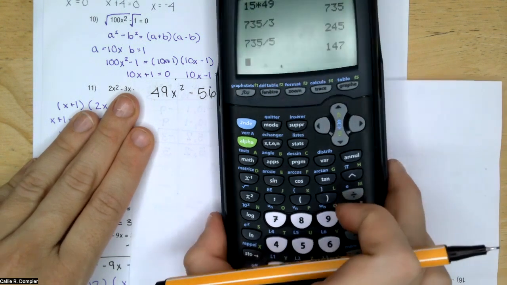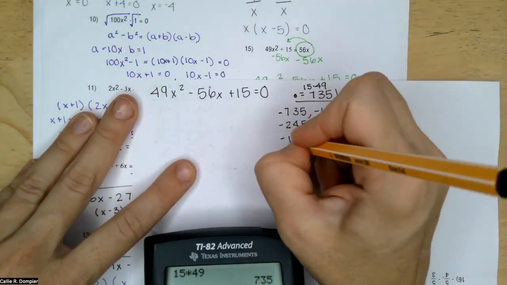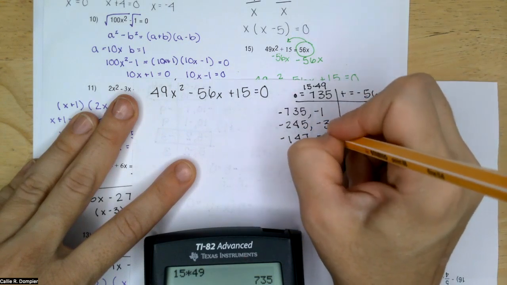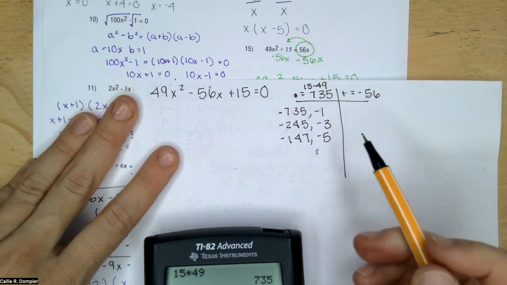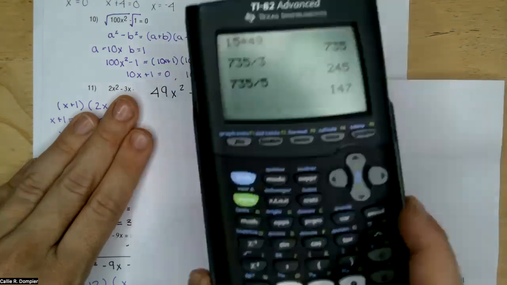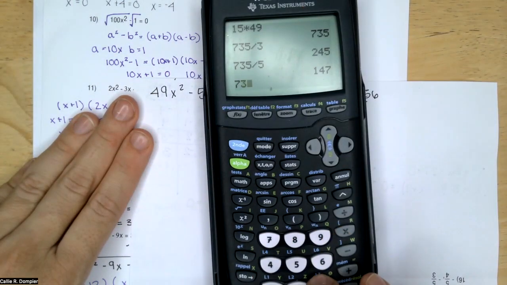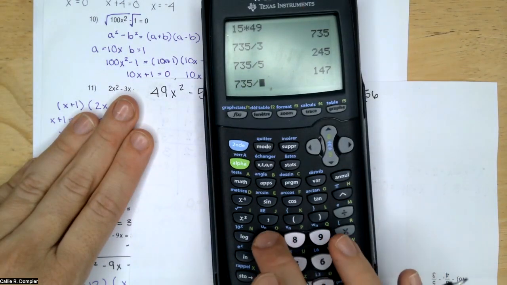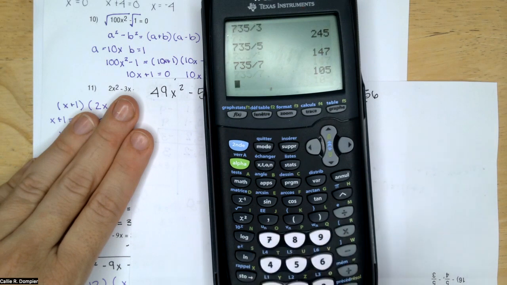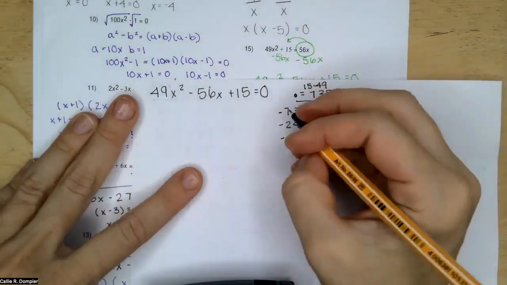Divided by 5, and we get 147, negative 5. If we combine those, we're not getting a small enough negative number, right? So let's keep going. 735 divided by, we can't divide it by 6. Can we divide it by 7? 7, 105.